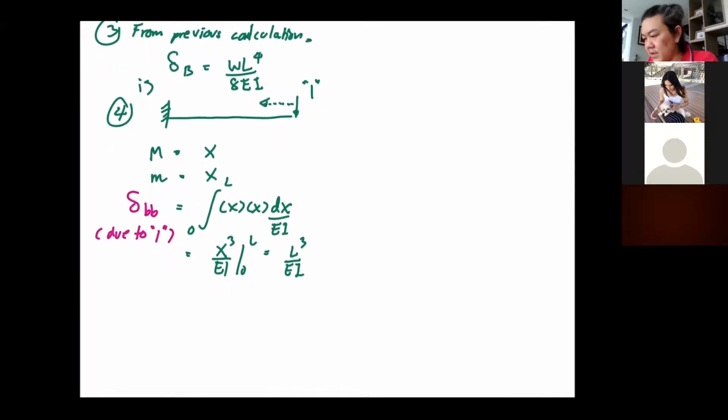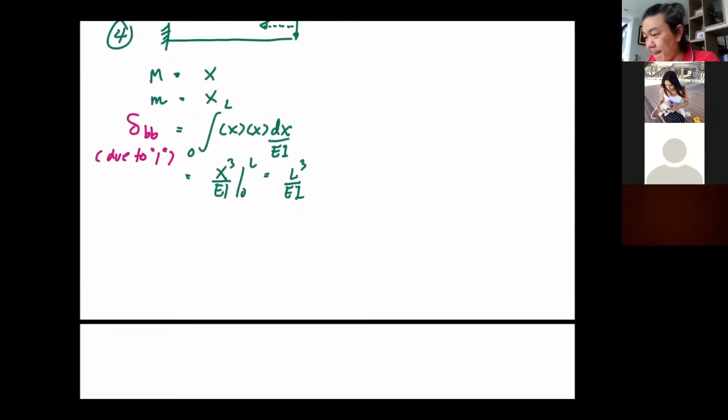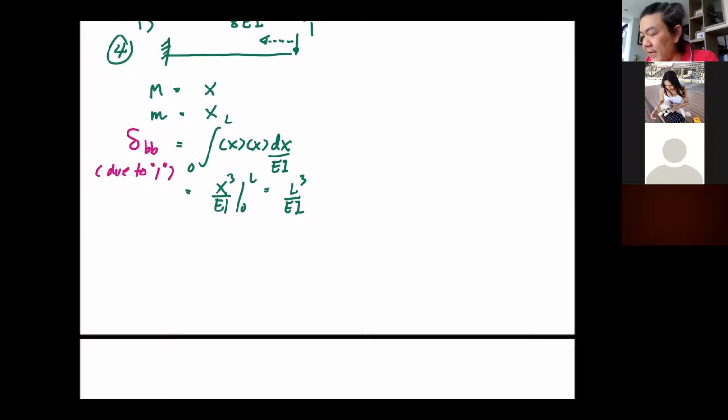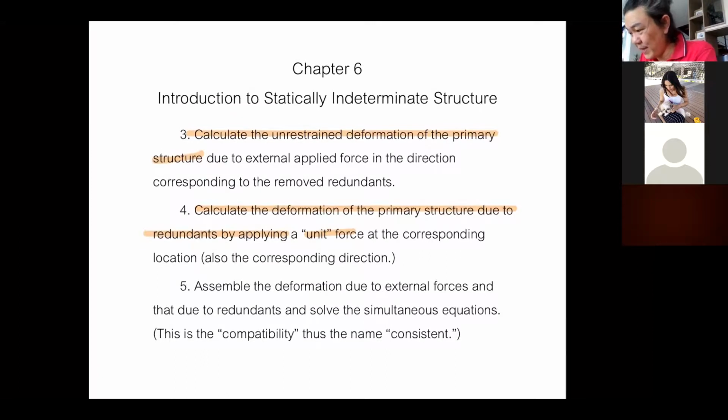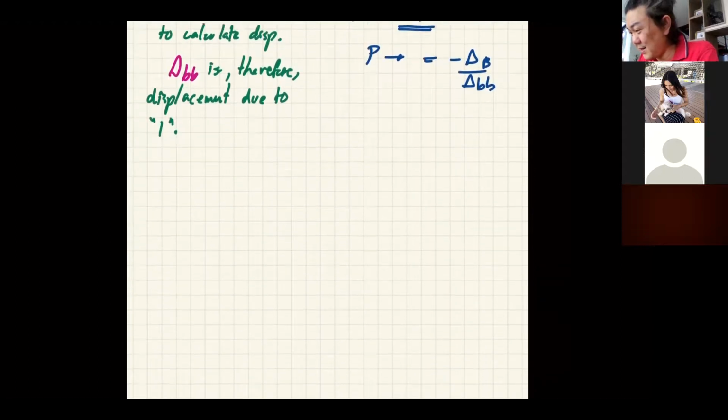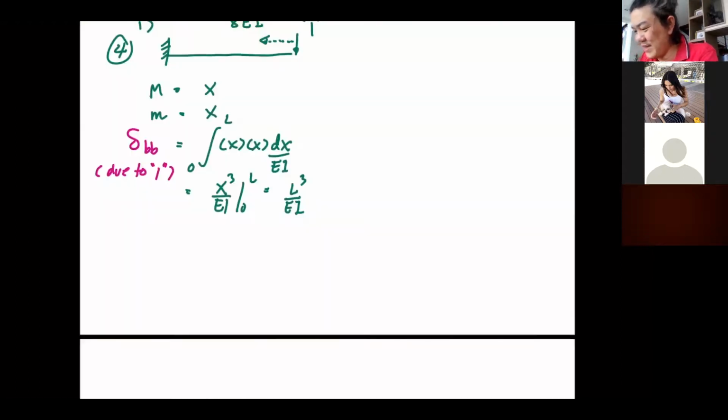And so number 5, we assemble the deformation. That is the compatibility equation.